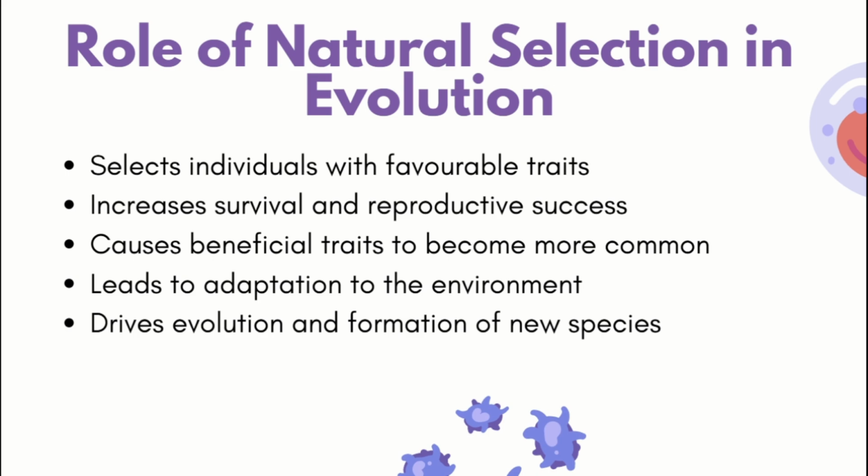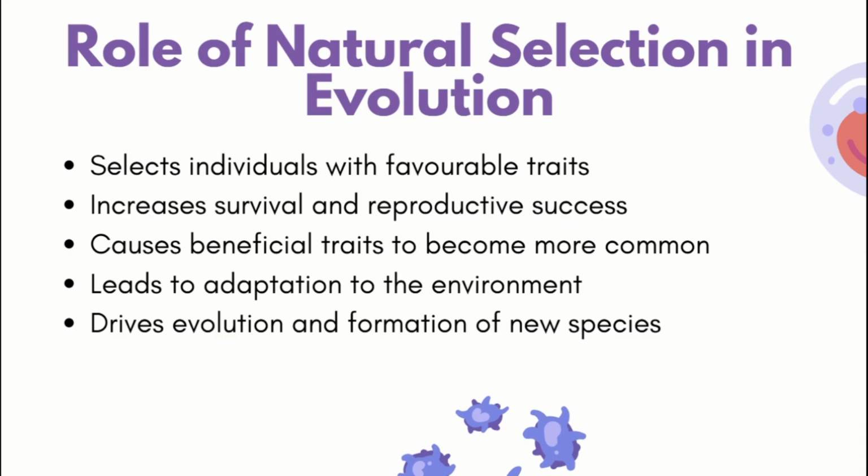Now, we know that natural selection is a driver of evolution. What does that mean? If natural selection is a driver of evolution, we're saying that it has an impact on the next generation. Because if evolution is a change in population over a long period of time, and natural selection affects evolution, we mean that only the fittest of the fittest are going to survive.